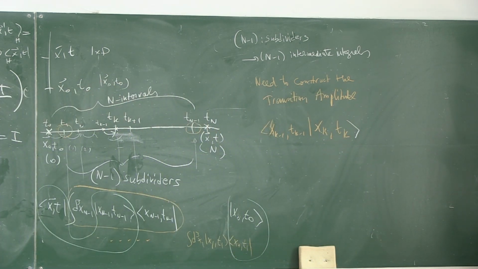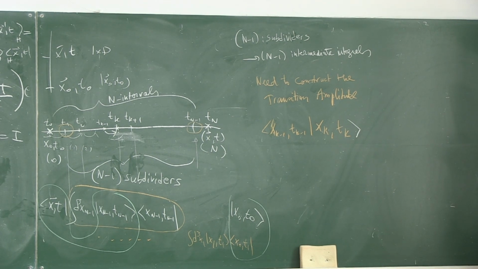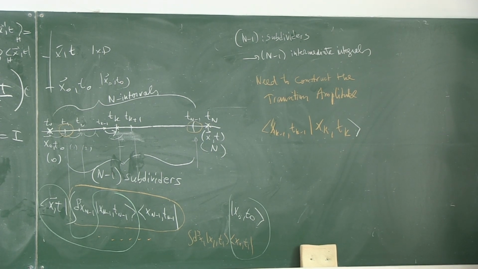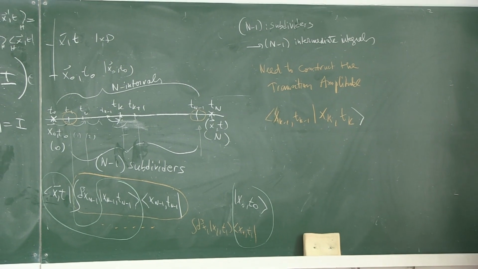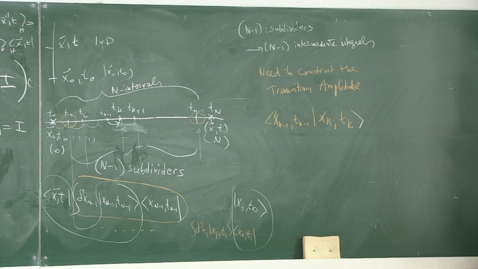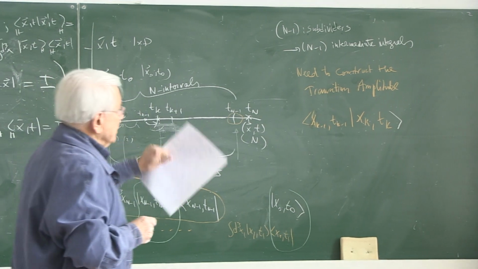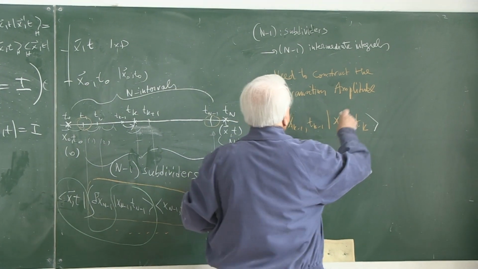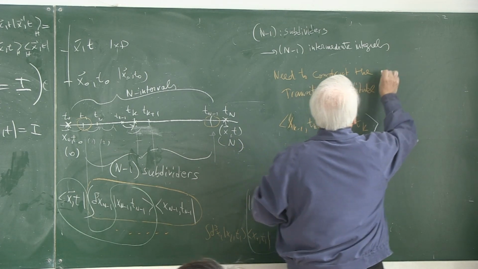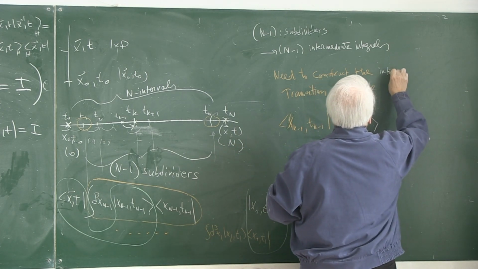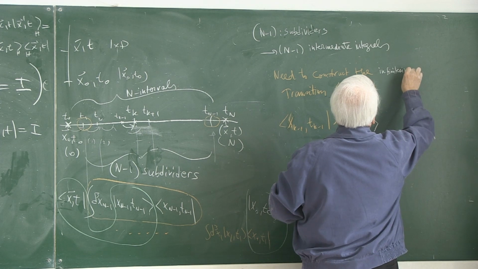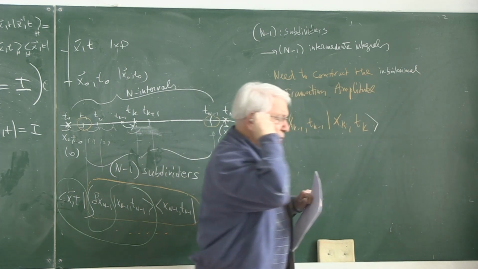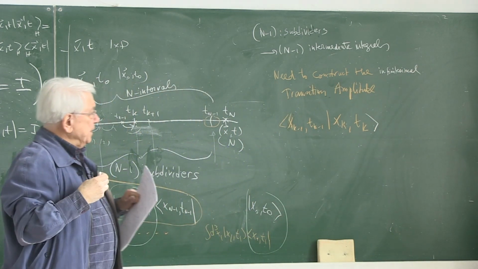Let me finish the construction of that generic one. Then eventually I will put everything together, paying attention to these complicated cellular structures on time and space axes. What is it? This is an infinitesimal constructed transition, the generic infinitesimal transition amplitude.